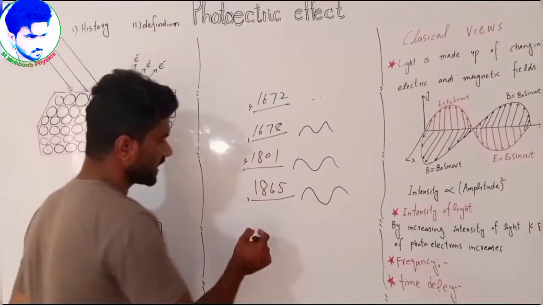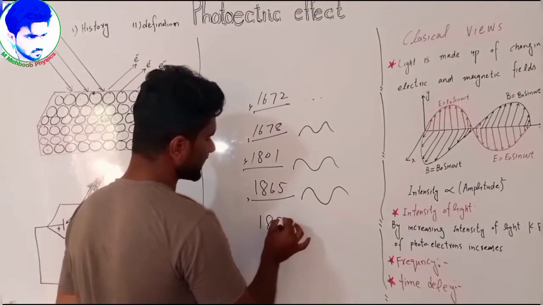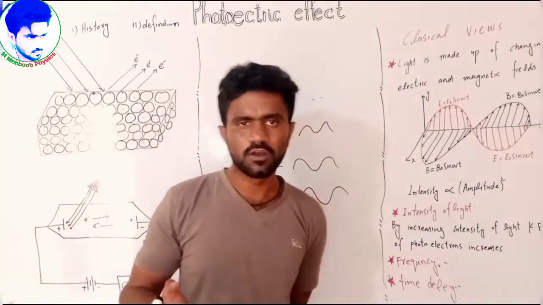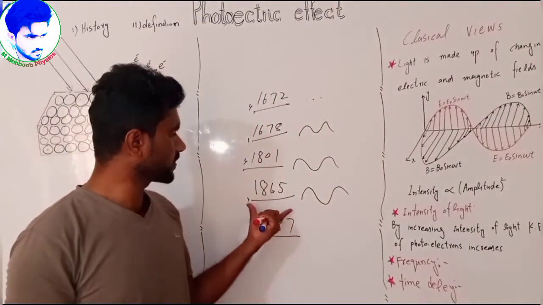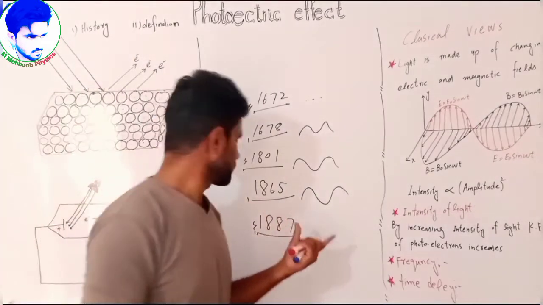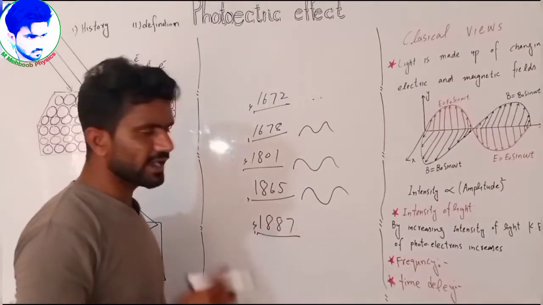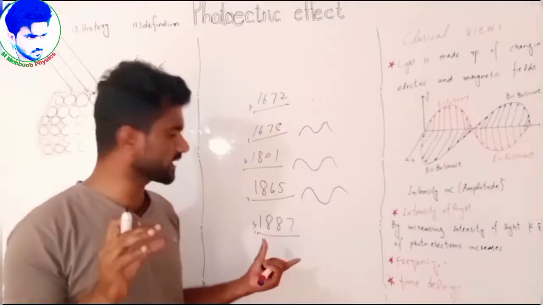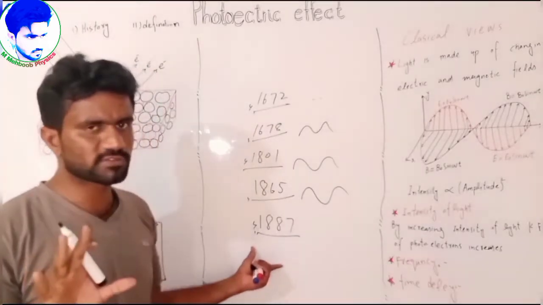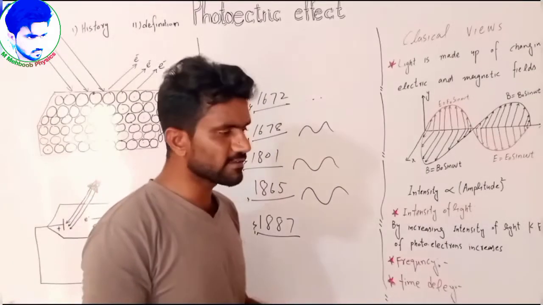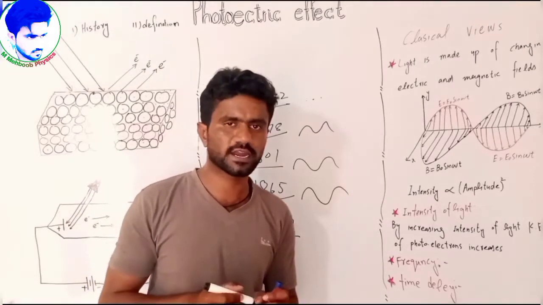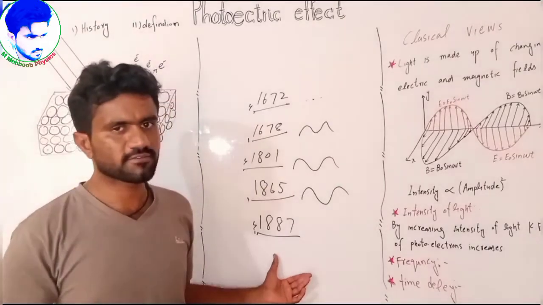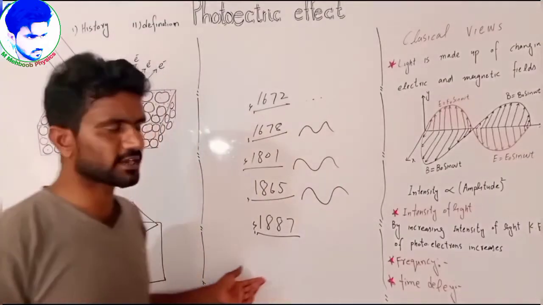Then after that in 1887, Heinrich Hertz designed an experimental setup to test the hypothesis given by Maxwell, and in this experiment that he designed with the spark gap generator, he observed basically the phenomenon of the photoelectric effect. But at that time he was not interested in the photoelectric effect, so he did not create any theory that could explain the phenomenon of the photoelectric effect.